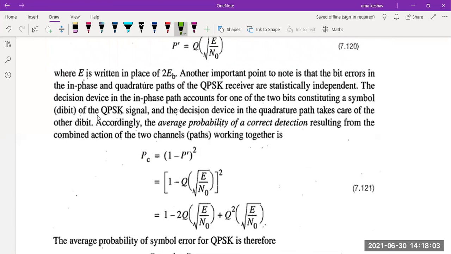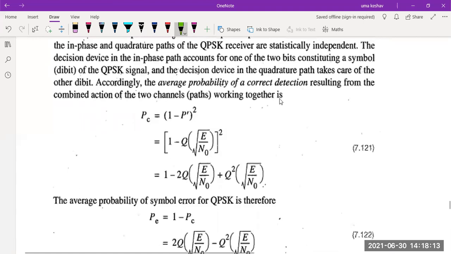So among 2 bits, 1 bit will come from the in-phase path and the other bit will come from the quadrature phase path. So the average probability of correct detection will result from the combined action of the 2 channels. So the probability of correct detection will be 1 minus the probability of error in the individual channels.